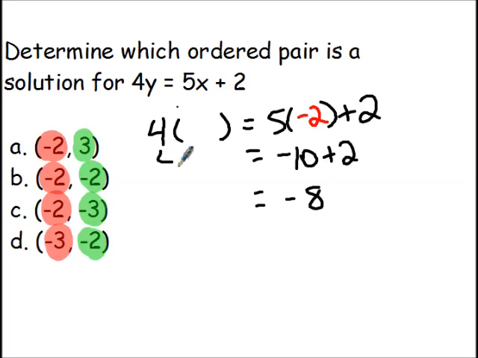On the other side, we have 4 times a number is equal to -8. Which value here, 3, -2, or -3, could we multiply by 4 and get a -8? If you said -2, you're right. 4 times -2 is -8.